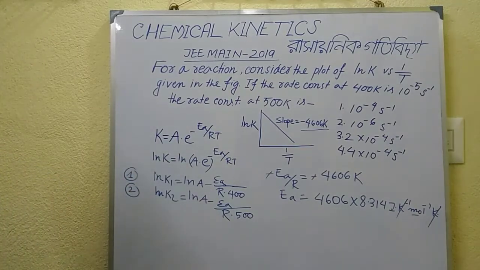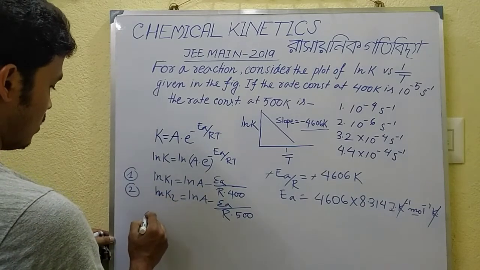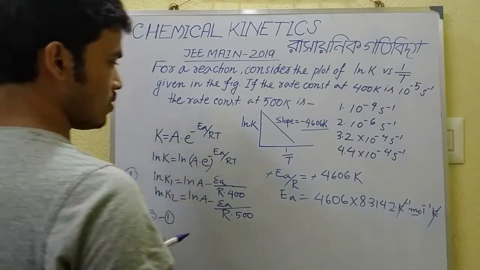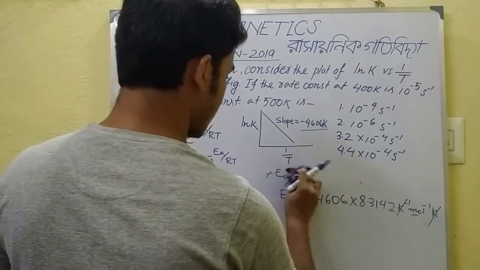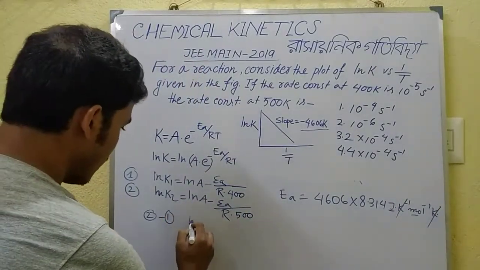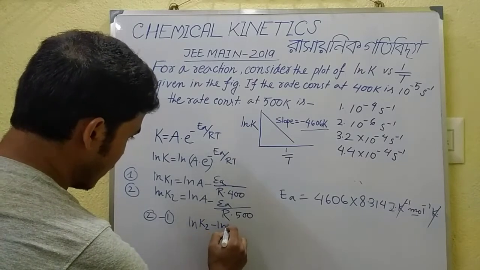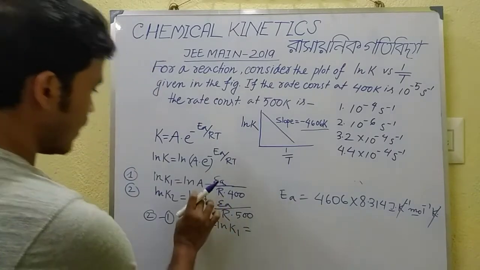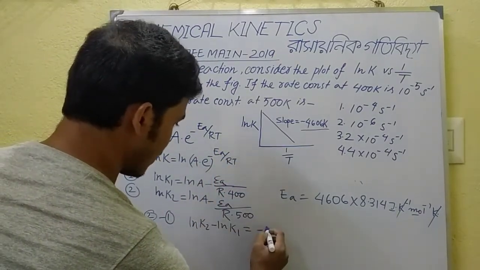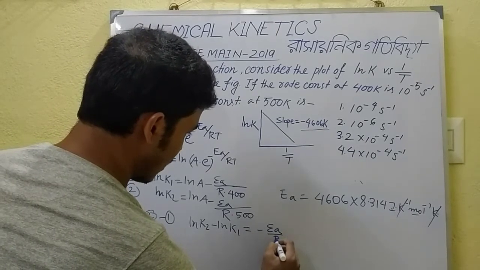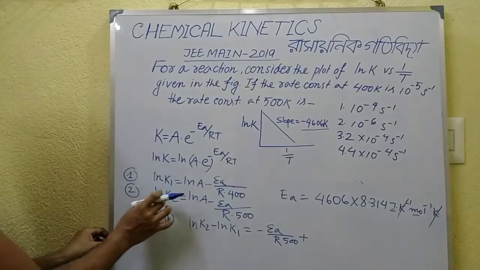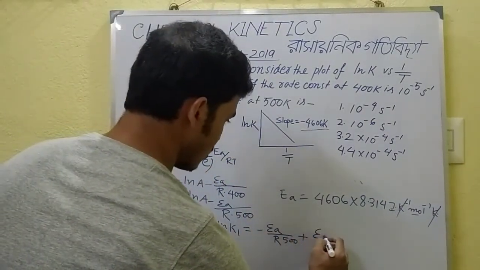Now we do 2 minus 1, and what will happen? ln K2 minus ln K1 is equal to ln A minus ln A, which cancels out, so what remains is minus EA by R into 1 by 500, and plus EA by R into 1 by 400, because we are taking 2 minus 1.